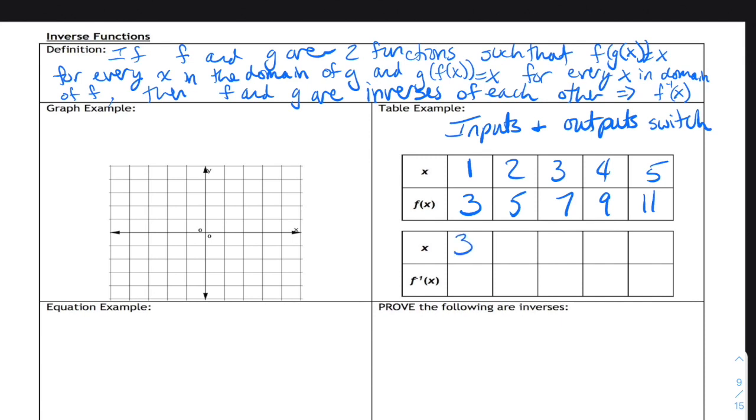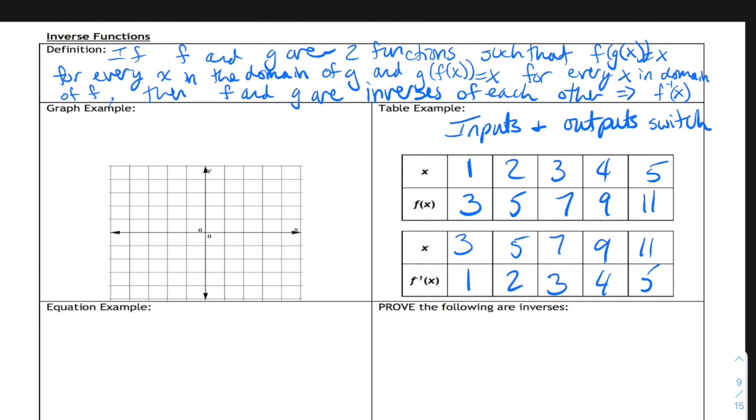And then we have here 3 and 1, 5 and 2, 7, 3, 9, 4, and 11, 5. So that would just be switching those two around. So if we have tables, we're just switching the x and y values.